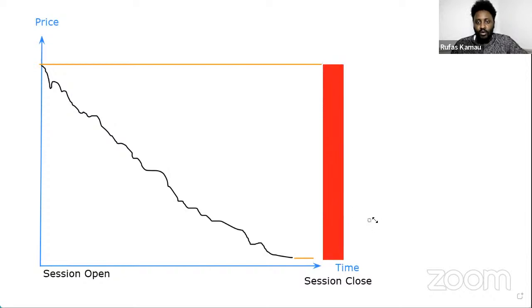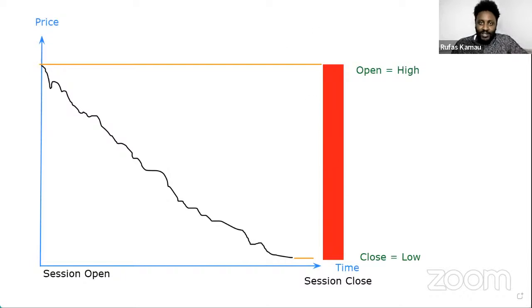So a candlestick would look like this, basically telling you that the opening price is on the upper side, which is here, which is equal to the highest price reached within that period. And also the closing price is here, which is equal to the lowest price of that period. So that's basically how you read your candlestick when price is going down.